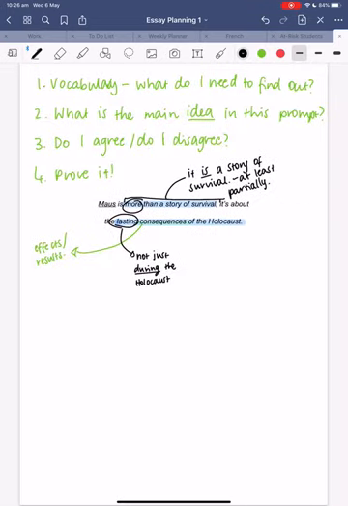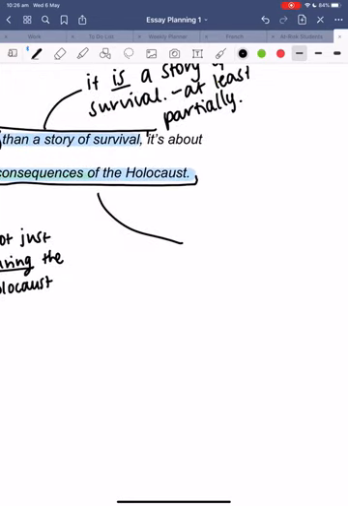The other idea is kind of this whole key idea here. So this is where we're kind of asking ourselves, how has the trauma of the Holocaust affected people? So what are the lasting effects? What are the things that keep impacting people after the Holocaust is over?